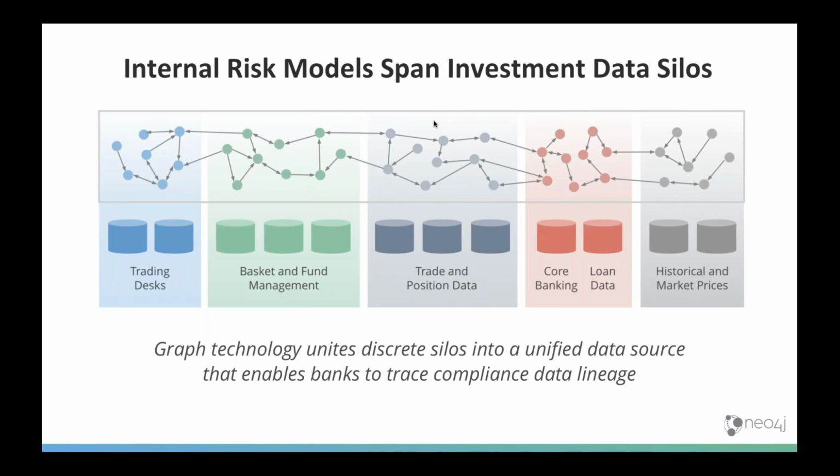And it's really that lineage and that graph that is instrumental in making sure that both of these things happen at the same time. And what is critical is being able to compute this in real time. And that's where a native graph database technology like Neo4j really shines.